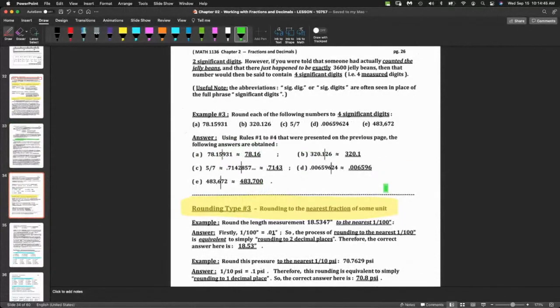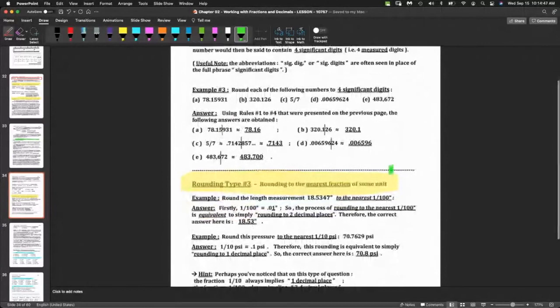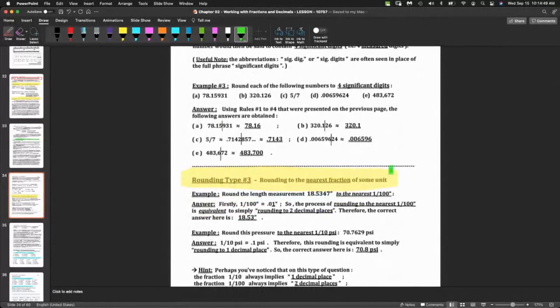Then there's a third type of rounding, which is more related to the imperial system, but you see it in the decimal system as well. Imagine that you're measuring something with a meter stick, but then you need to use that measurement to purchase materials measured in a different system.